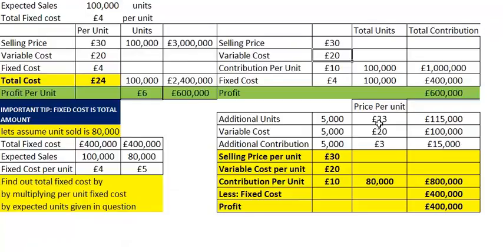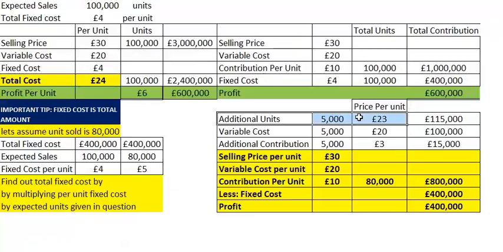If you look at this order here, order we received for 5,000 additional unit, price per unit is 23 pound per unit. You can see that total cost is 24 pound per unit. Total cost is more than the price we are going to charge for the additional units.